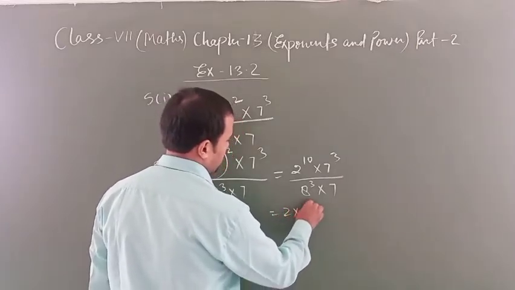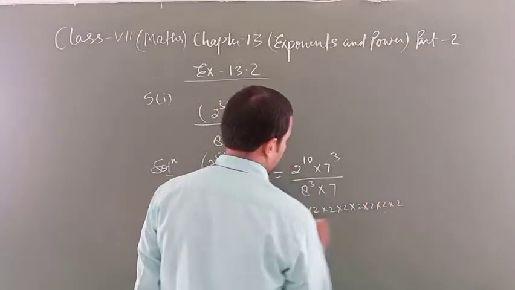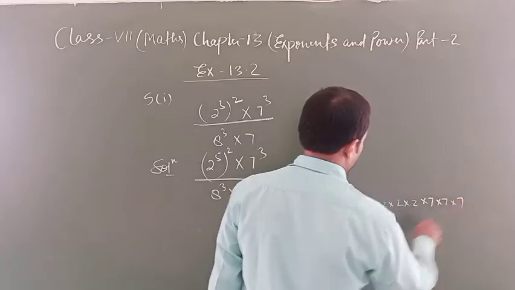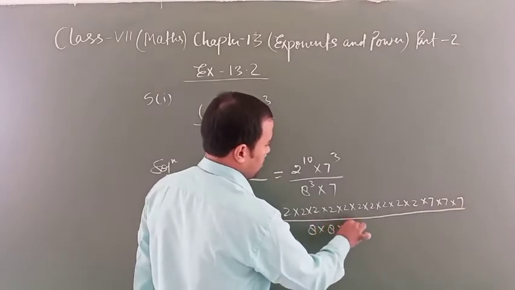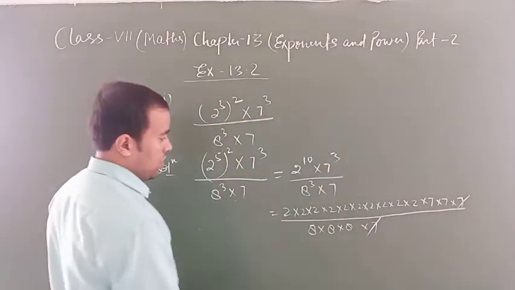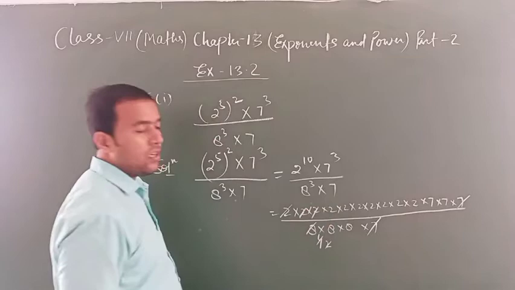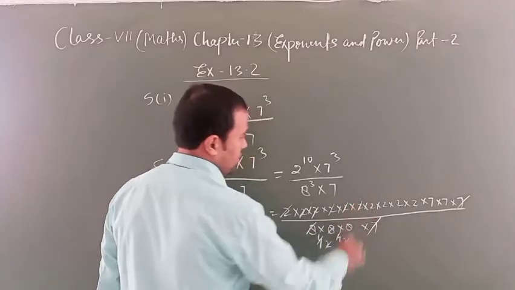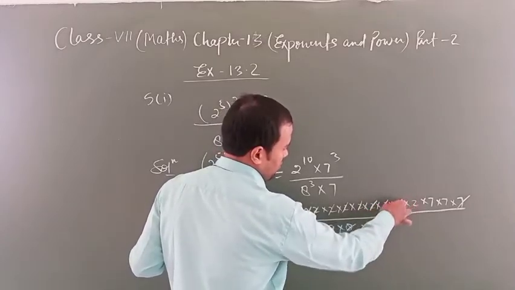2 into 2 into 2, 2 into 2 into 2 into 2, 1 2 3 4 5 6 7 8 9. Then 7 into 7 into 7, upon 8 into 8 into 8 into 7. 7 cancels 7. 2 fours are 8, 2 twos are 4, 2 ones are 2.